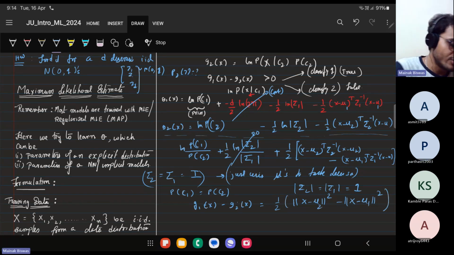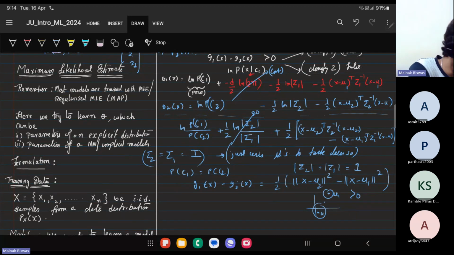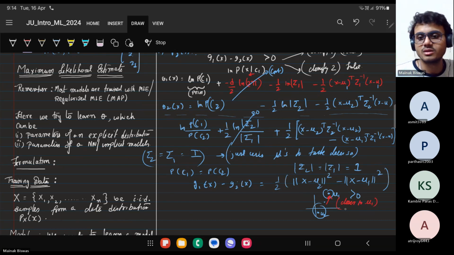So what does this mean? If this is greater than 0, it means that, so this is your mean mu1, and say this is your mean mu2, this point belongs closer to mu1, right? In terms of mean. Yes or no?